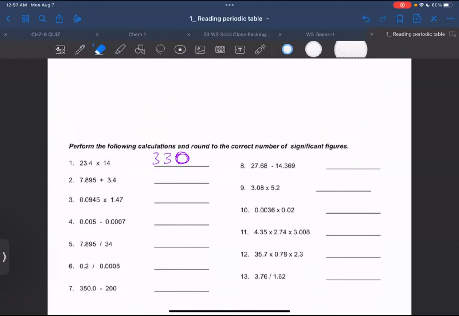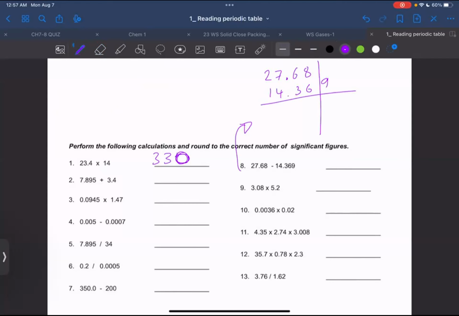All right. Now, how about this one? This one, adding and subtracting, you have to set it up, or you count decimal places. It's easy, right? I'm going to cut it off right here. So let's see, subtracting: 27.68 minus 14.369.